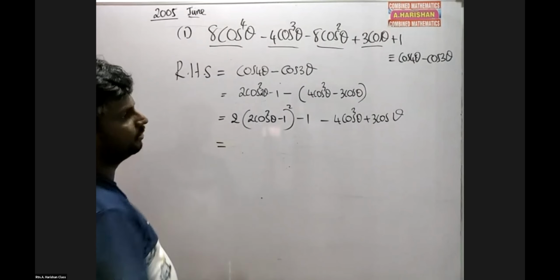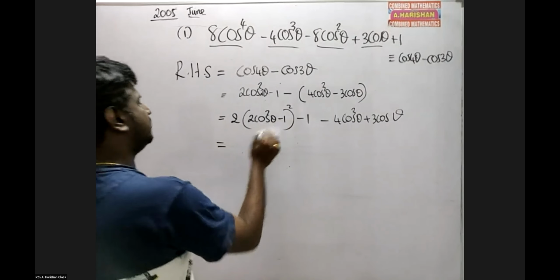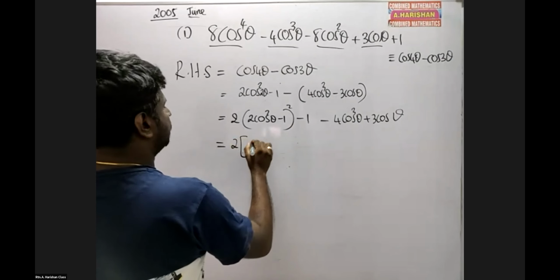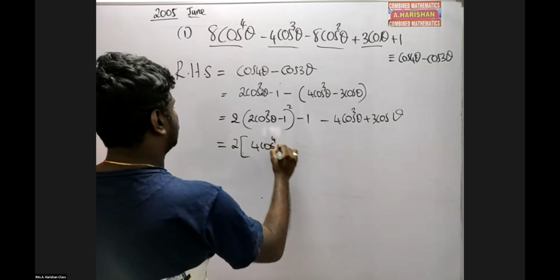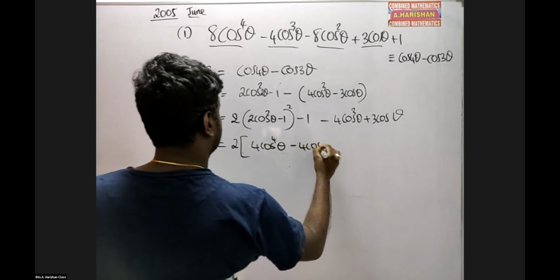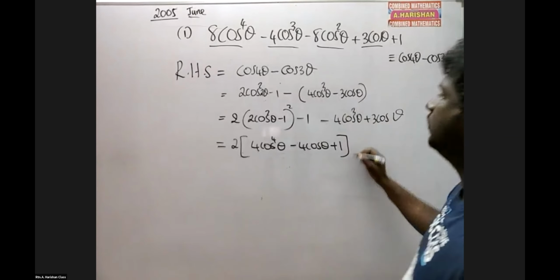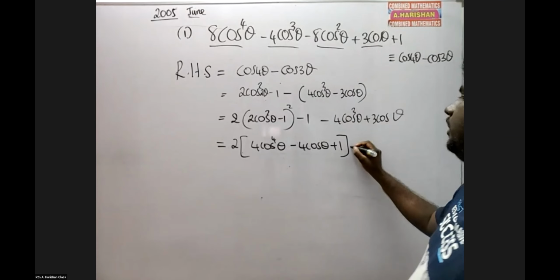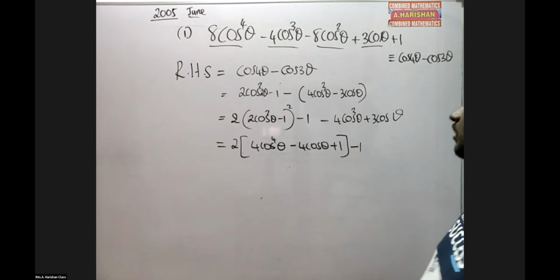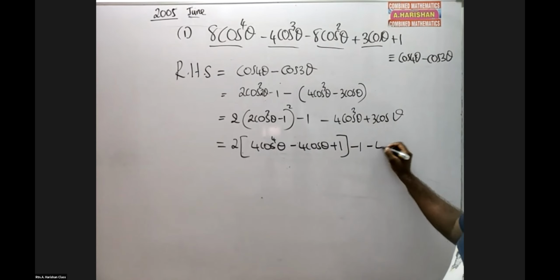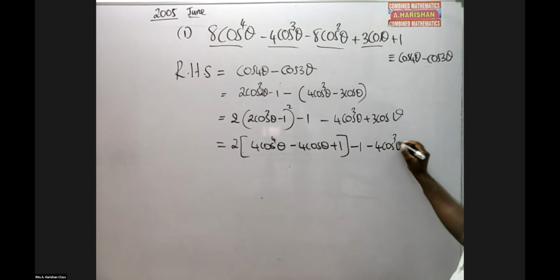Okay, so what I can do is I can expand this to 4 cos to the power 4 theta minus 4 cos theta plus 1 square, and this is going to be minus 1. Then minus 4 cos cube theta plus 3 cos theta.